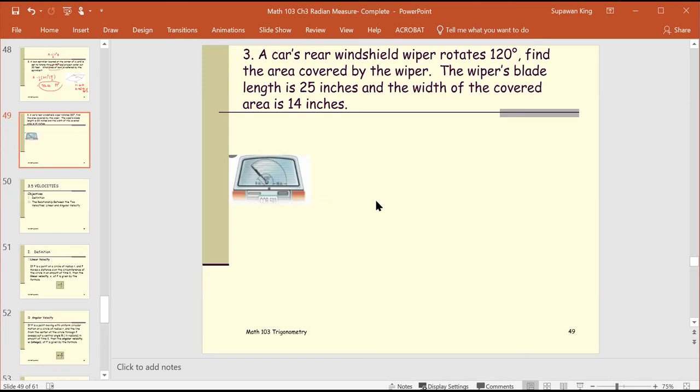Example 3. A car's rear windshield wiper rotates 120 degrees. Find the area covered by the wiper. The wiper's blade length is 25 inches, and the width of the covered area is 14 inches.